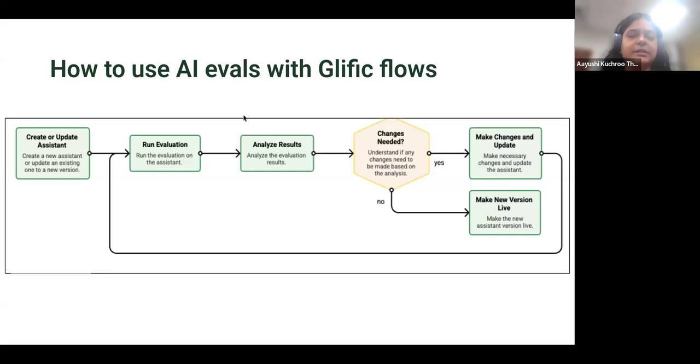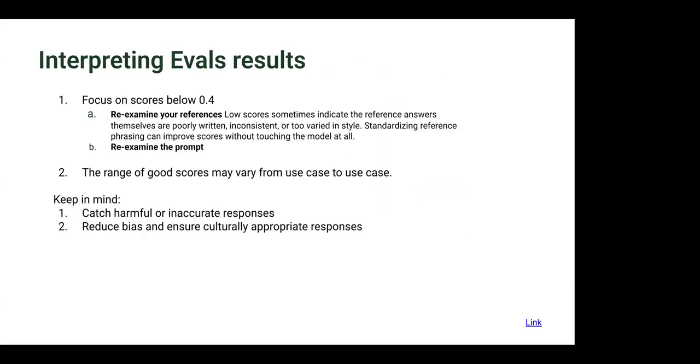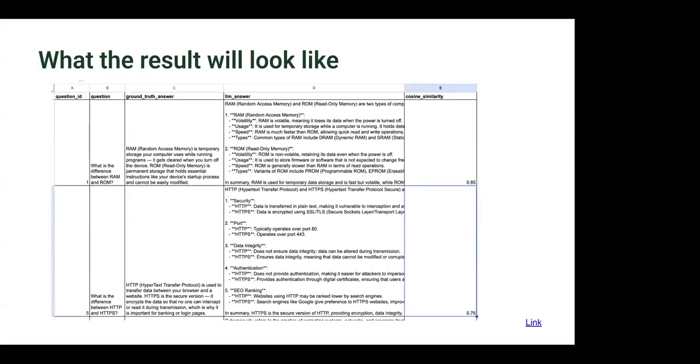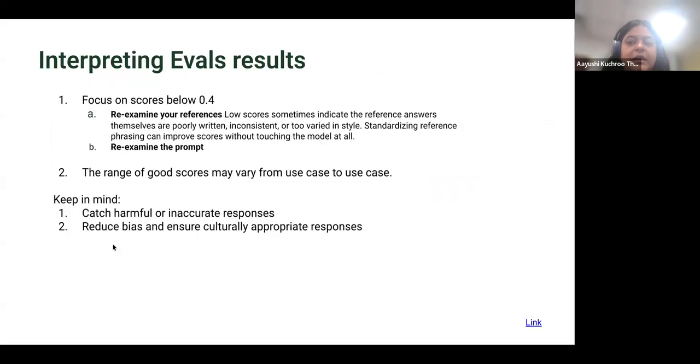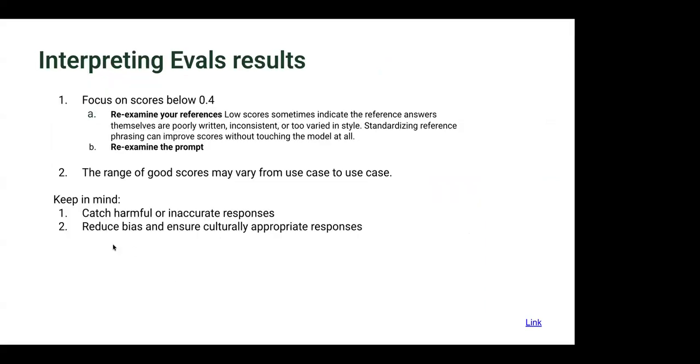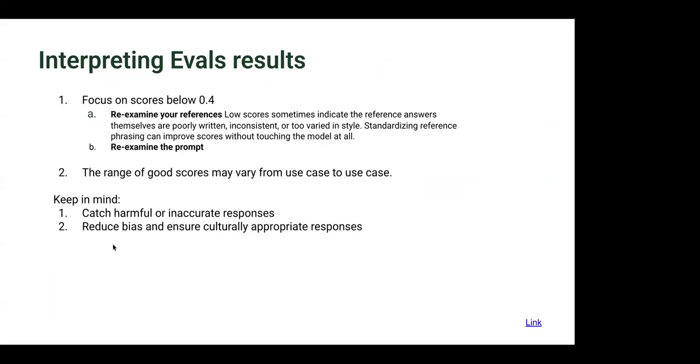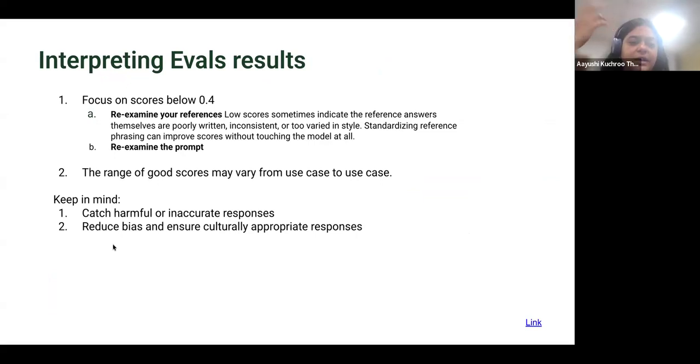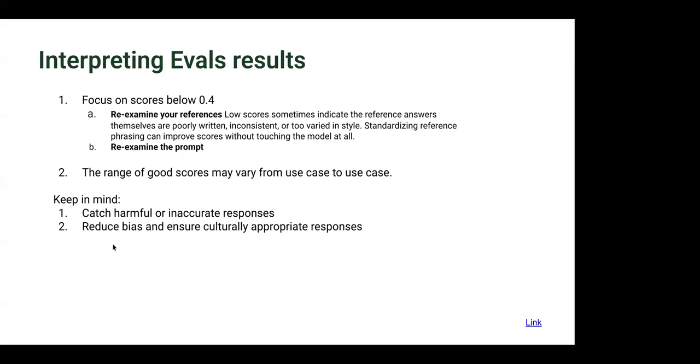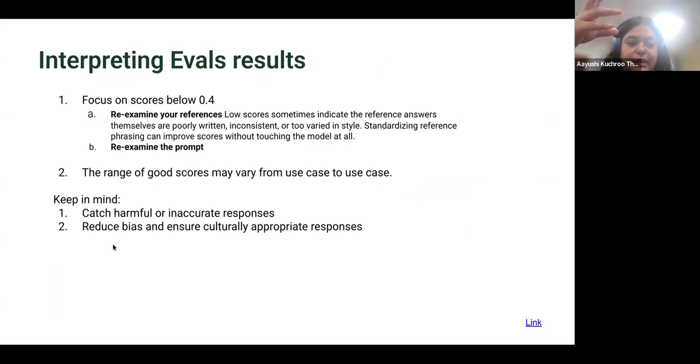My question is, given the non-deterministic nature of LLMs, I suppose in the first run of the eval I get a cosine similarity score of 0.4. But when I run that again, it jumps to 0.8 or something like that, or it decreases significantly.